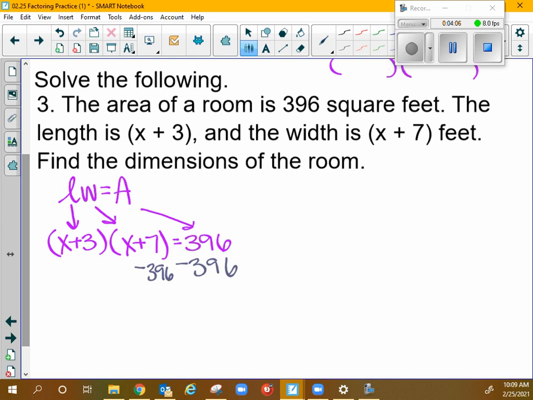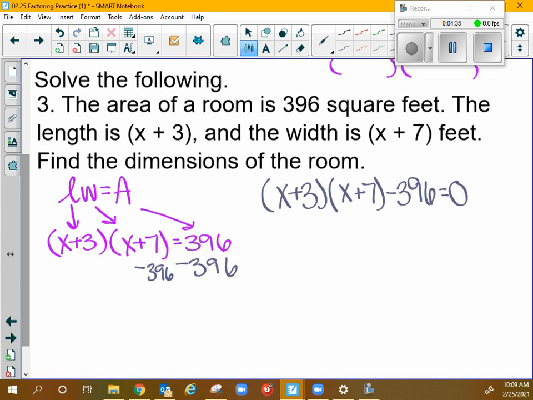So x plus 3 times x plus 7 minus 396 equals 0. Does that look like anything that we talked about yesterday? It looks like we did. You've got partial factored, partial standard. So I can't solve this the way it is.